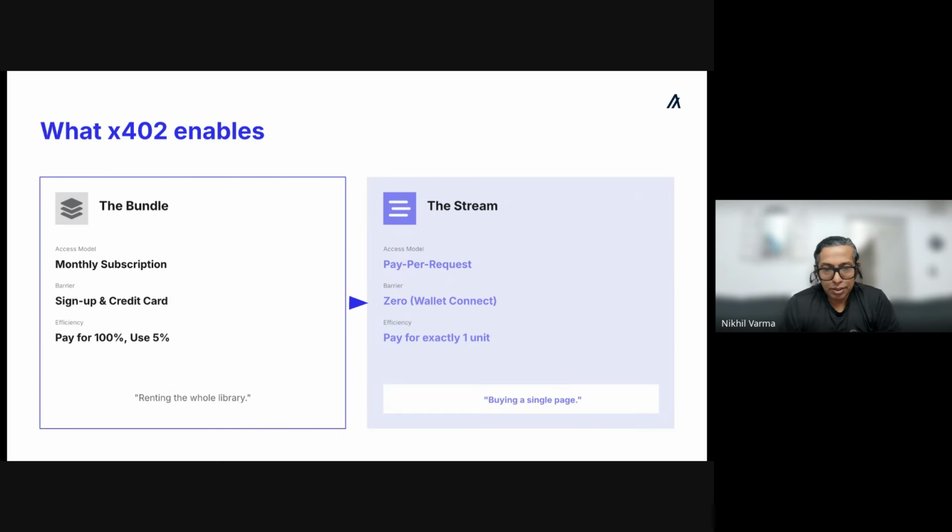So just to reiterate in a very simple way, if you have a bundle service, you have a monthly subscription, you have to sign up and pay for it from your credit card, but essentially you're using just 5% of that service.